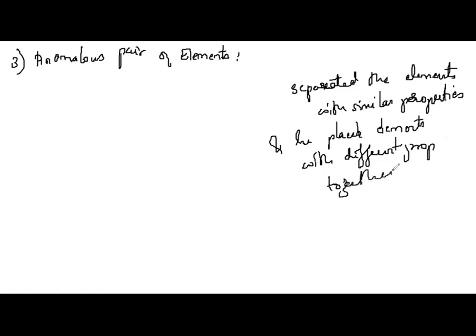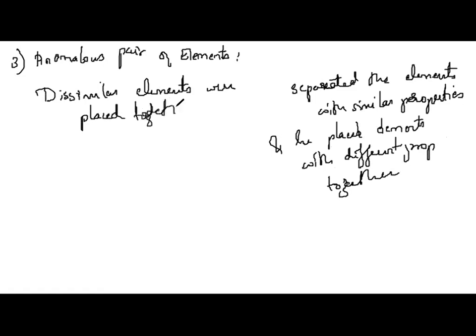So dissimilar elements were placed together and similar elements were separated. Now how to explain this?